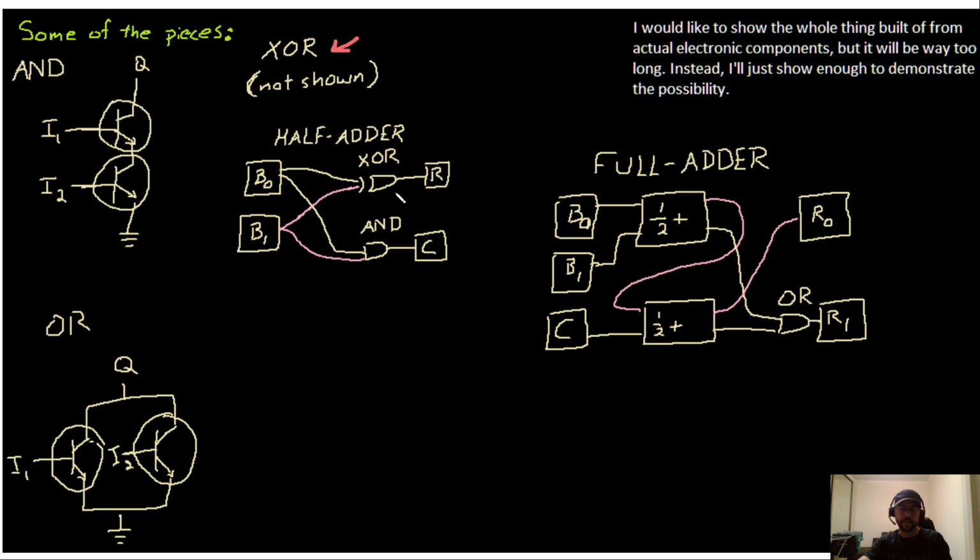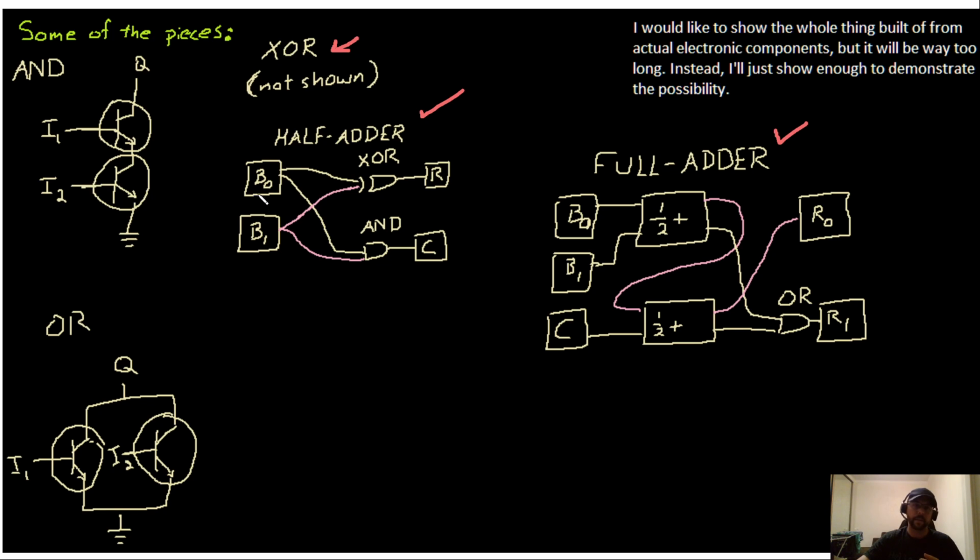Now, building transistors, so each of these here is built up of quite a number of transistors. And so this is called a half adder, which is this right here. So this is built out of two half adders and one OR gate. The half adder is built out of one XOR gate and one AND gate.